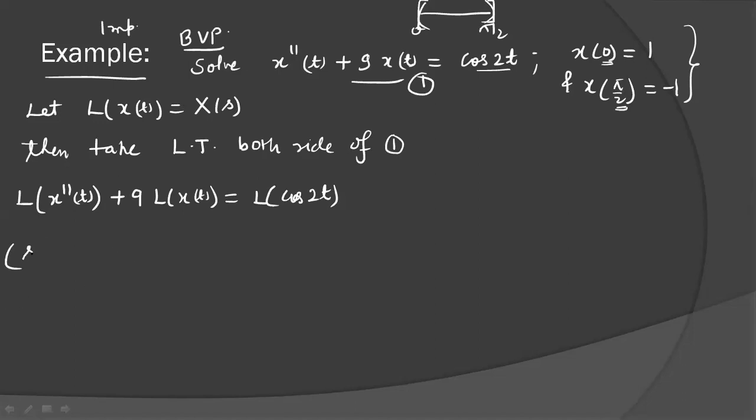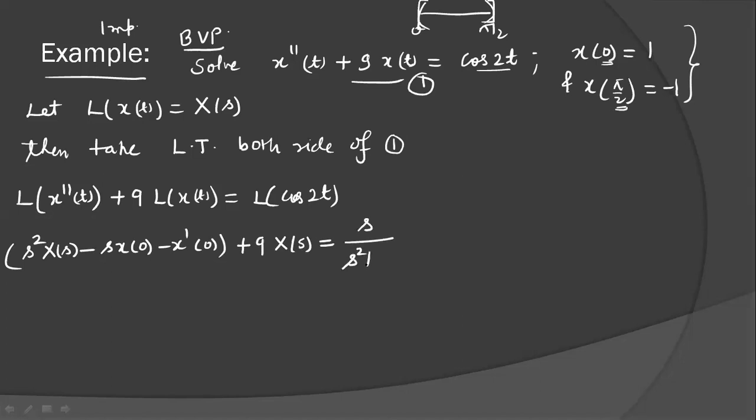So it will be s squared X(s) minus s times x(0) minus x dash(0) plus 9 times X(s), and Laplace of cos 2t is s over s squared plus 4. Now use the given condition. x(0) is given, but x dash(0) is not given to you.